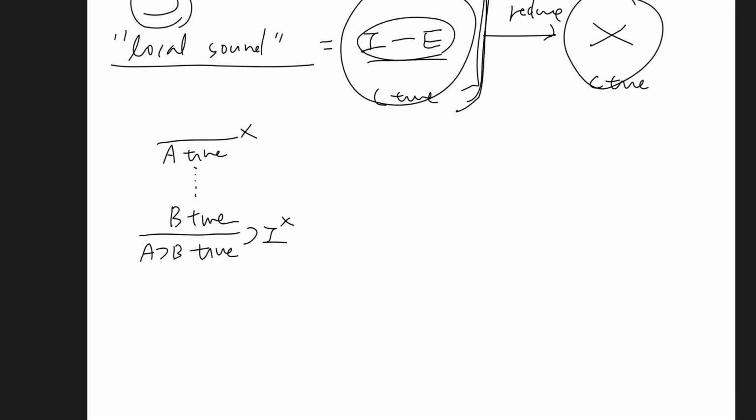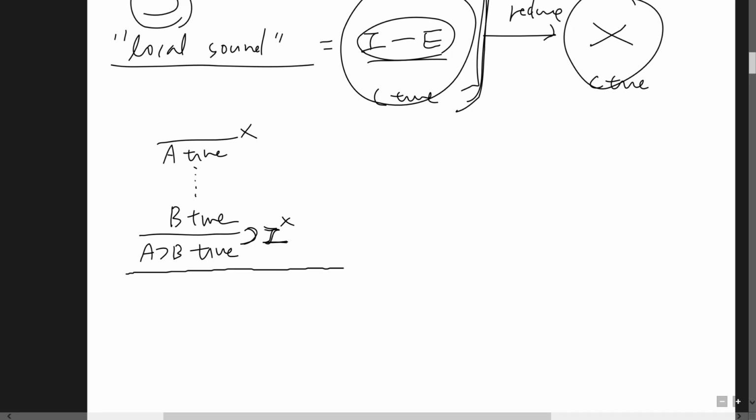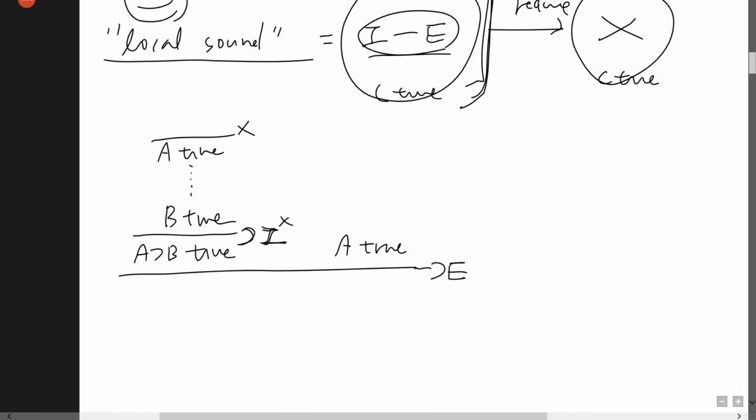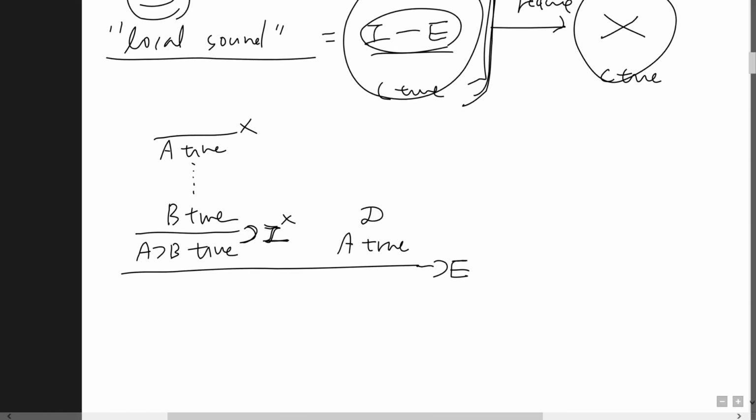And the assumption here is that this implication introduction rule is immediately followed by the corresponding elimination rule, this implication elimination rule. And in order to apply the implication elimination rule, you have to have a separate proof of A true. Let's call it D, and then you deduce the B true.